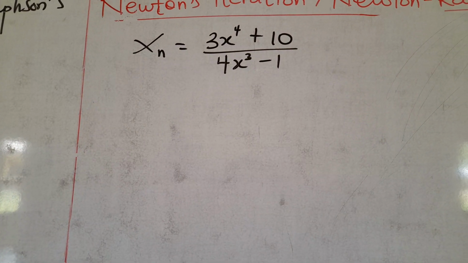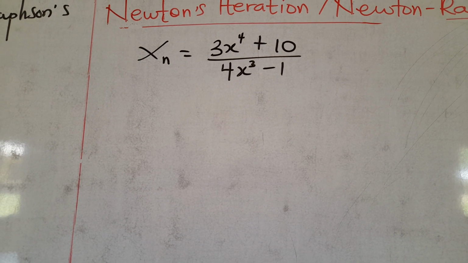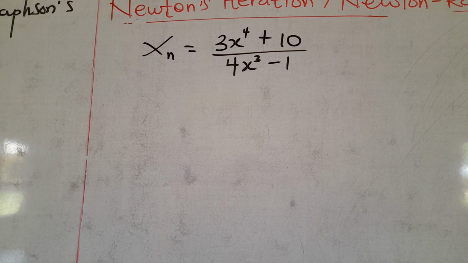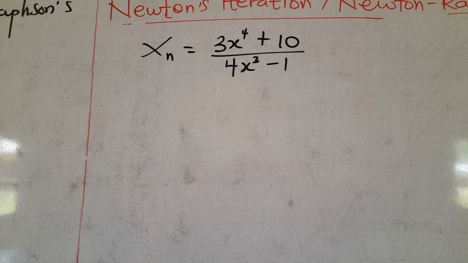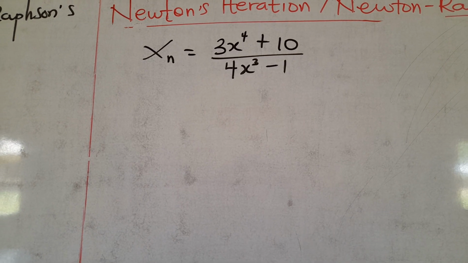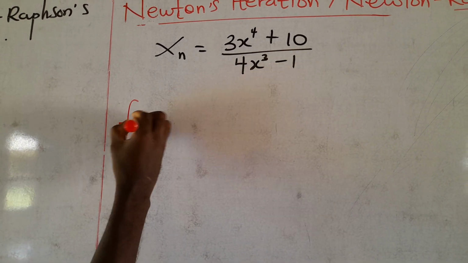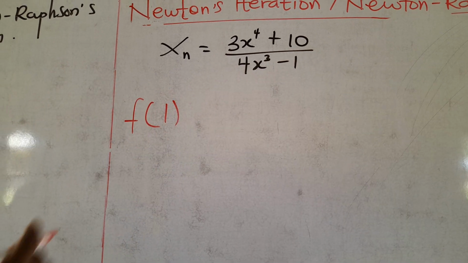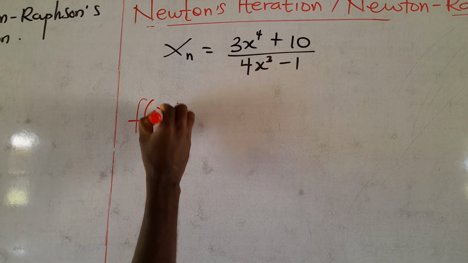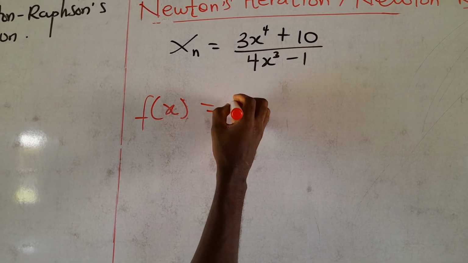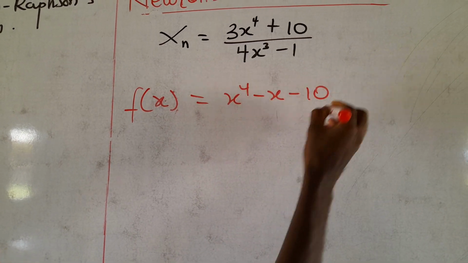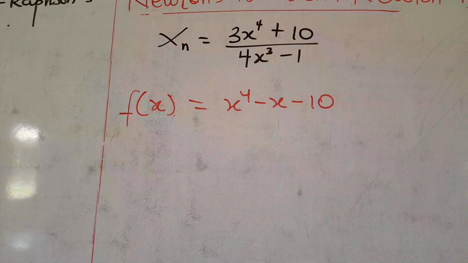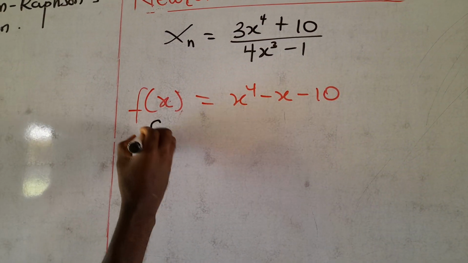So having gotten our algorithm to evaluate our polynomial function, we need to find the interval where at least one root may exist. So what do we do? We find f of 1. Remember, our f of x is equal to x exponent 4 minus x minus 10. So I will find f of 1.